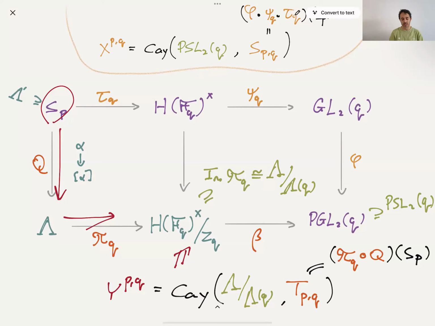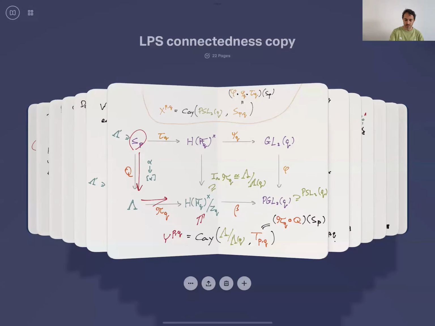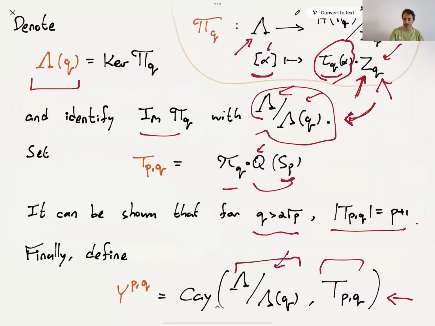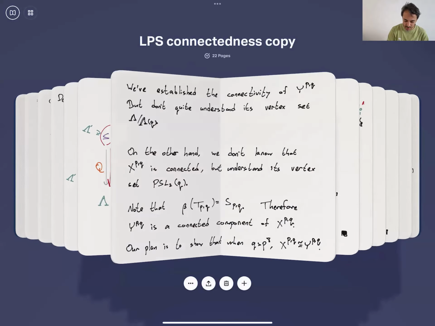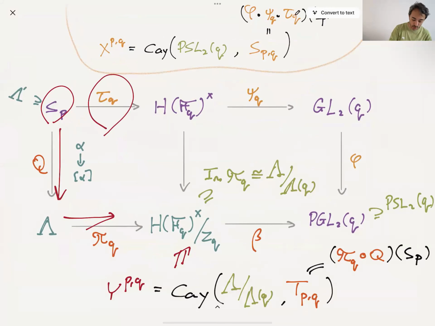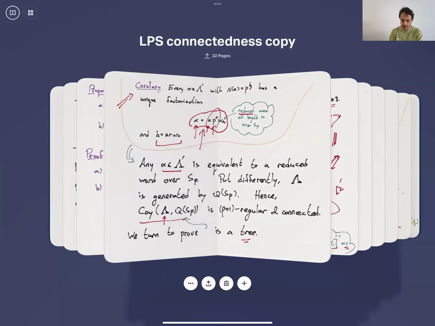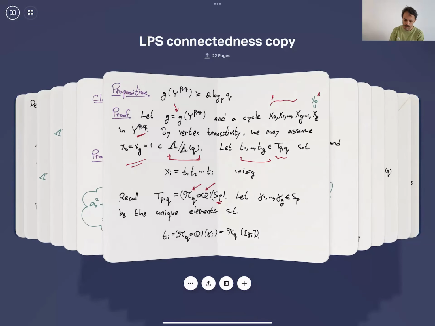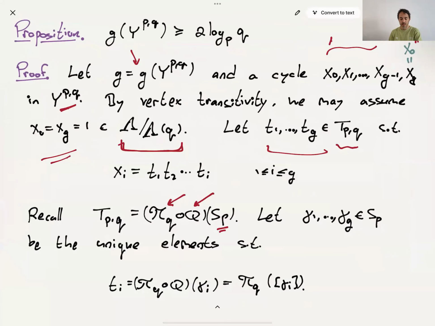and then we did pi_q, which is essentially a reduction of tau_q down to the quotient groups. Anyhow, elements in T^{p,q} sit here.